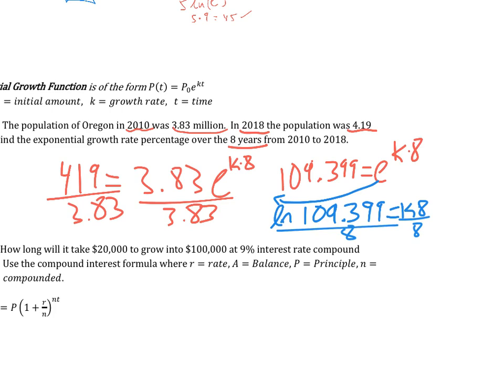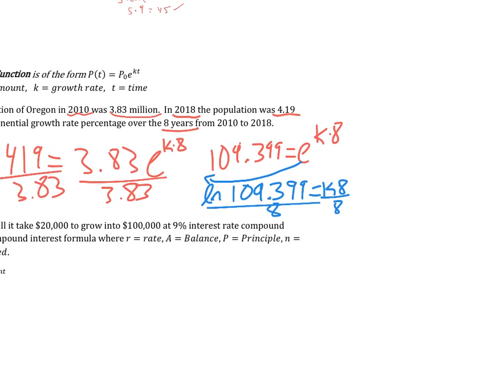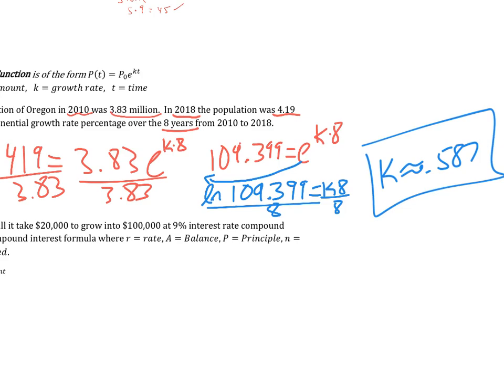The natural log of 109.399, make sure you close those parentheses, and we got 0.586, it looks like 0.587. So k is about 0.587, after you divide this stuff here.